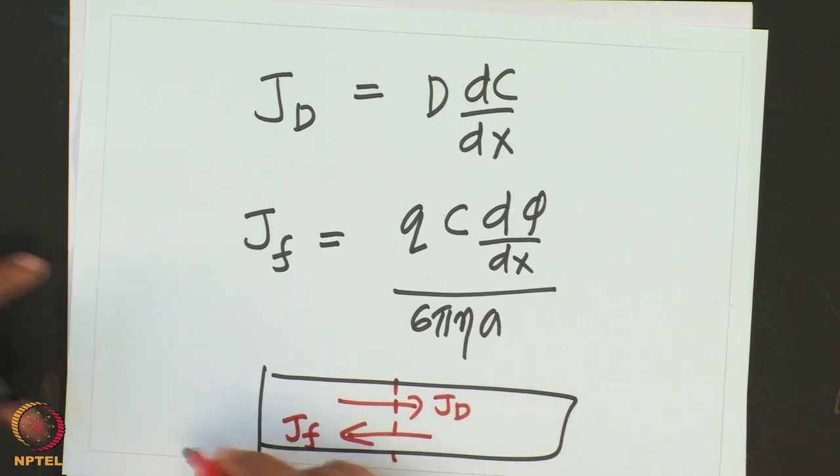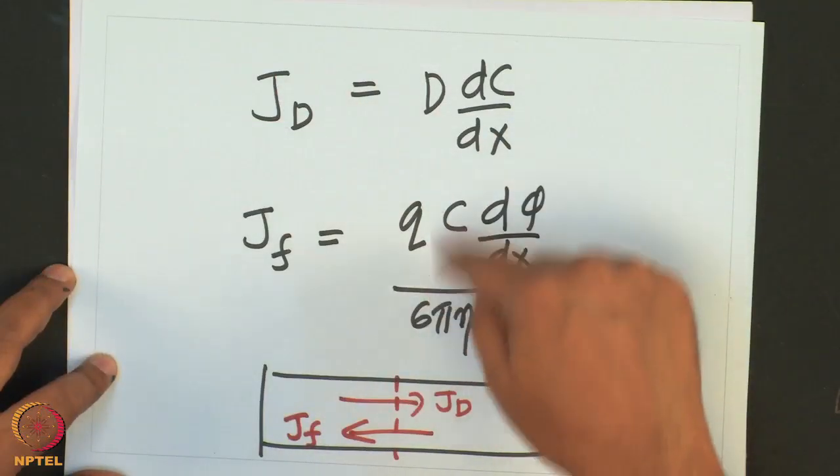When these two currents are equal in magnitude and opposite in direction, the net flow will be 0. Ions will flow one way due to diffusion and the other way due to electrostatic attraction, and when these two balance, the system will reach equilibrium.